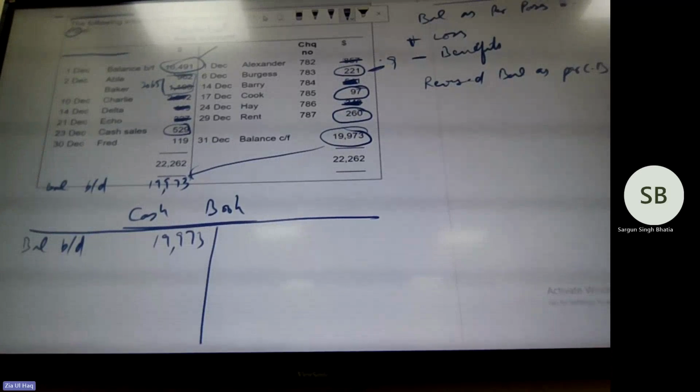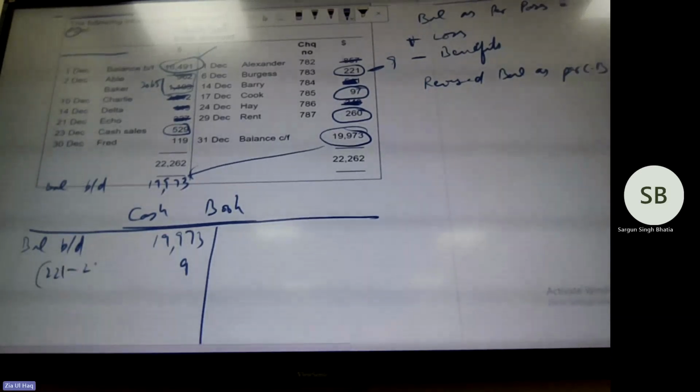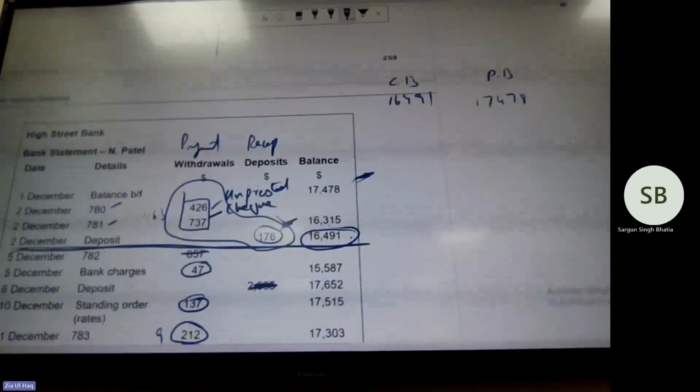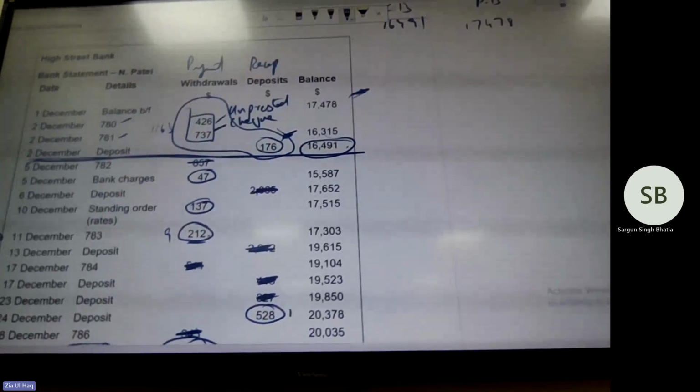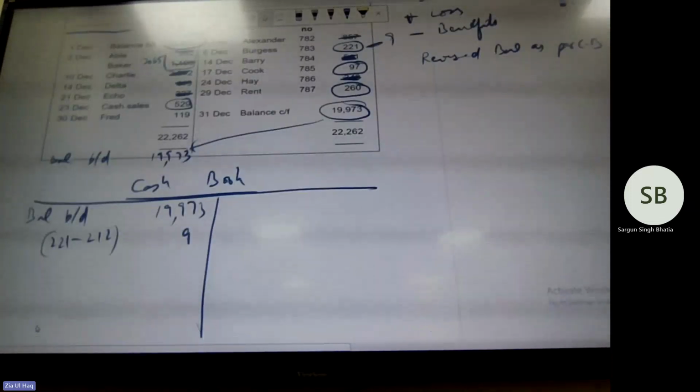So what we need to do is debit the cash book with 9 because it is our mistake. We will record 9 here as a payment. How have we calculated this? 221 minus 212. There is a payment recorded in the bank of 212, and the bank always records the correct amount, while against check 783 we recorded 221 in the cash book.